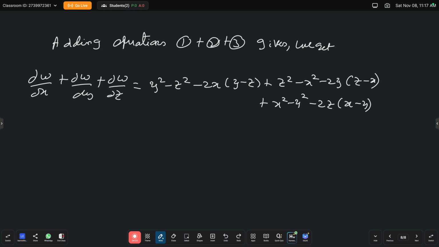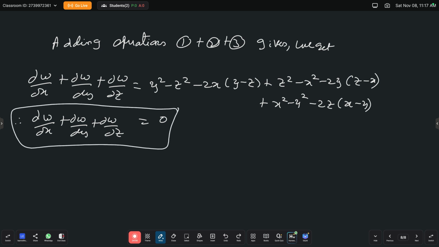Multiplying out, we get 2xy minus 2xz, again 2yz plus 2yx and so on; after simplification all values are 0. Therefore ∂w/∂x plus ∂w/∂y plus ∂w/∂z equals 0. So that is the solution. For the second problem, we can determine the z value.